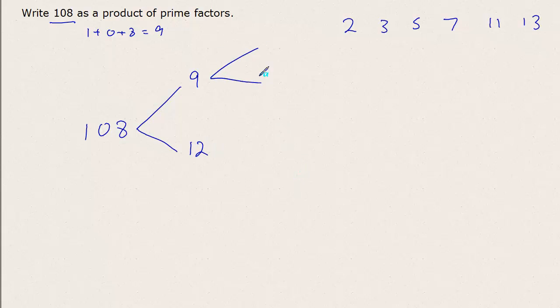Now 9 is 3 times 3. 3 is a prime, so we'll circle that. 12 is 4 times 3. 3 is a prime, so I'll circle that. And then 4 is 2 times 2.